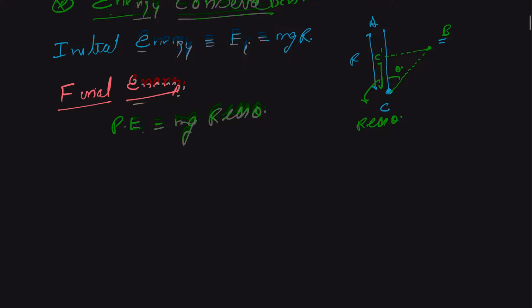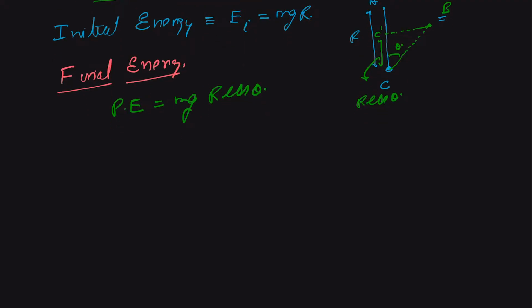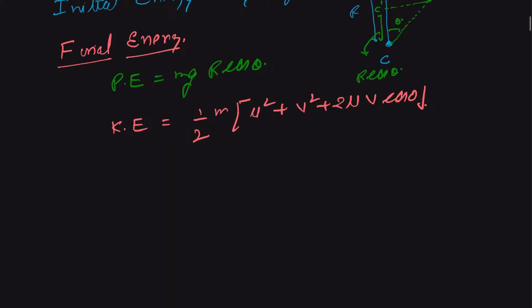And the kinetic energy will be equal to half m, u square plus v square plus 2uv cos of theta. And this is the kinetic energy of the particle.